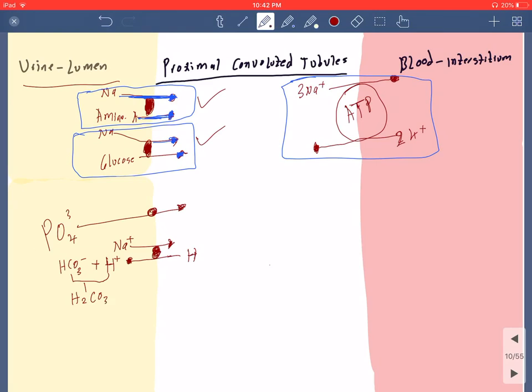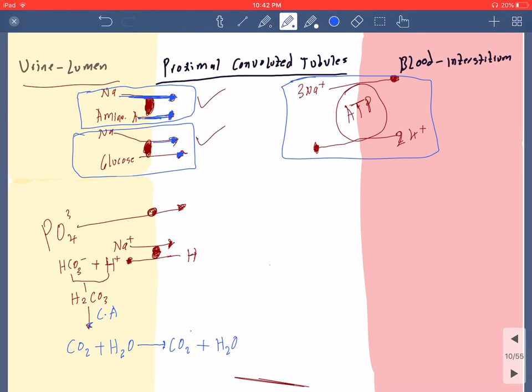H2CO3. Now, as we all know, carbonic anhydrase is gonna be involved in this reaction. With the help of carbonic anhydrase, we're gonna be able to generate CO2 plus H2O. Now, these two can easily just diffuse through and get back into the proximal convoluted tubular cells, right? Now, once they diffuse through, we have CO2 plus H2O, right?